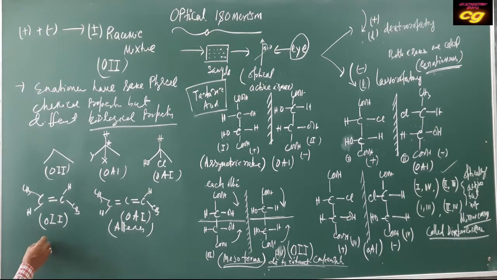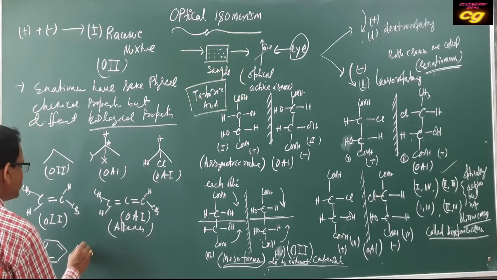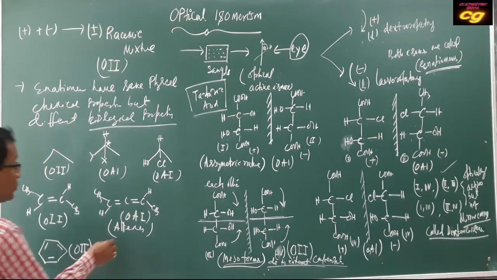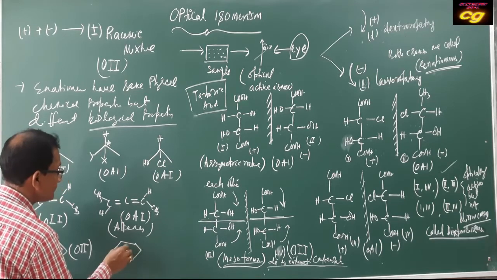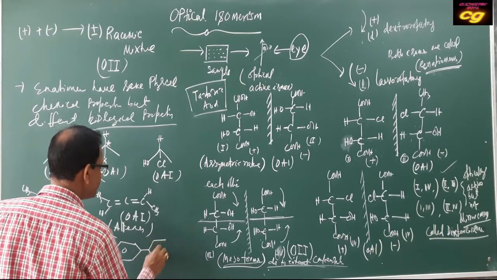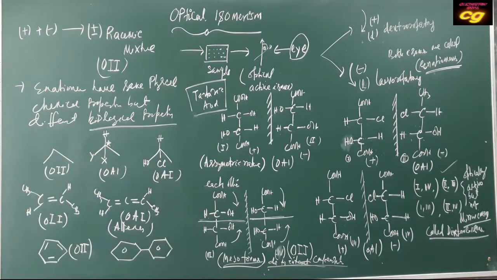Biphenyl groups are also optically active. But if you say only this molecule, it is optically inactive. But two biphenyls, two groups are joined like this, it will be optically active.